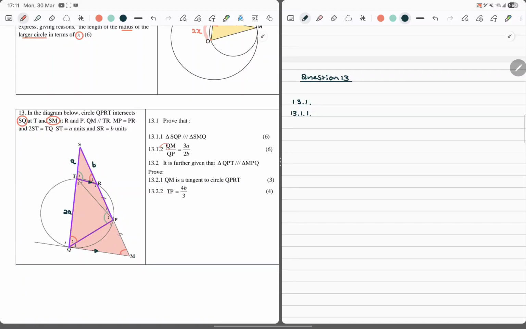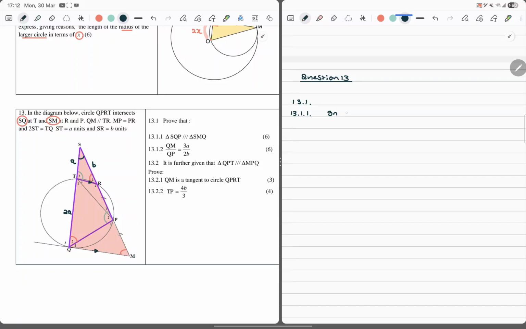We already discovered that this angle is equal to that angle, which is equal to this angle. But we will see that angle S is common, so it belongs to both triangles. So if we've got two sets that are equal, then we have it all done.